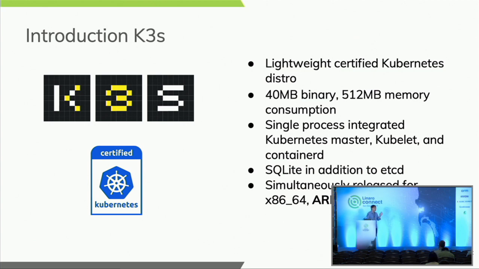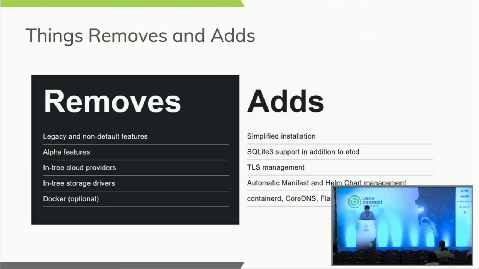K3s removes the Docker runtime because it costs more API overhead. And K3s has a very good innovation: it uses SQLite in place of etcd, because etcd is not available on ARMHF architecture. So it has released builds for x86, Arm64, and ARMv7, the ARMHF.